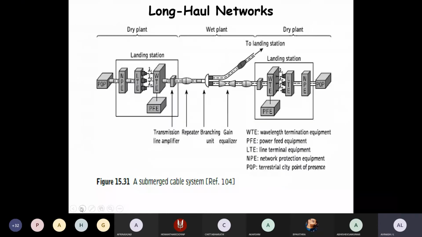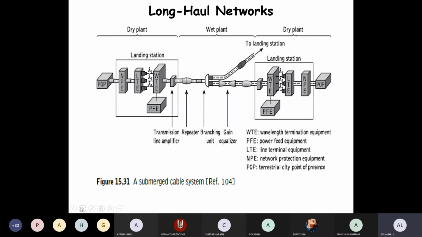I'll show you. You can see the dry plant, wet plant, and once again the dry plant. Here the wet plant indicates it is in the submarine. In the wet plant you can see the branching unit and gain equalizer.